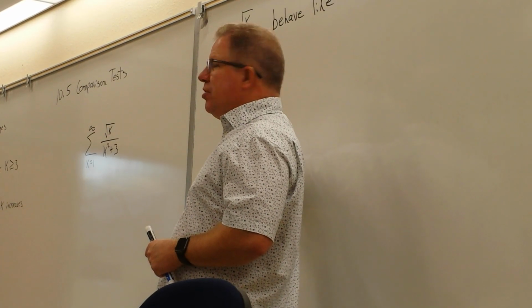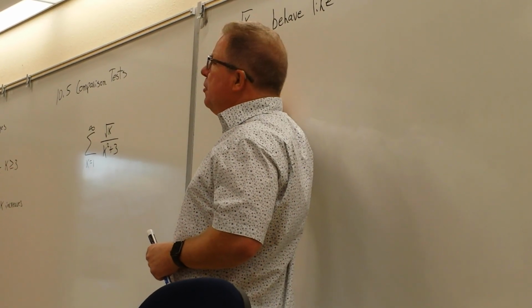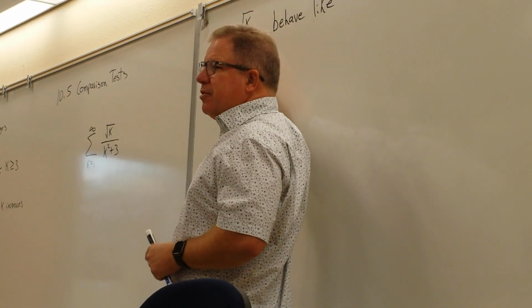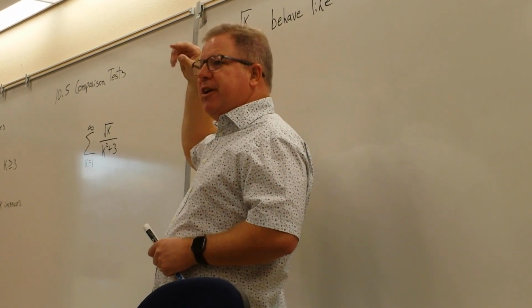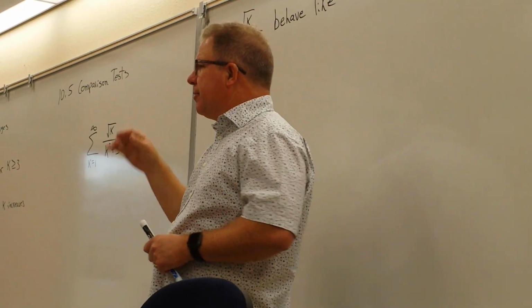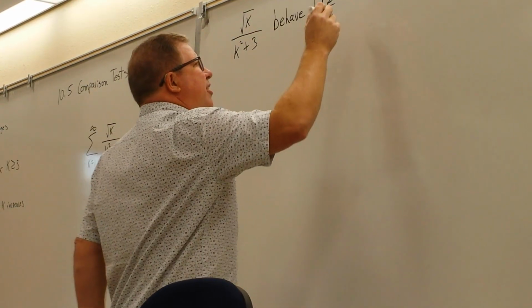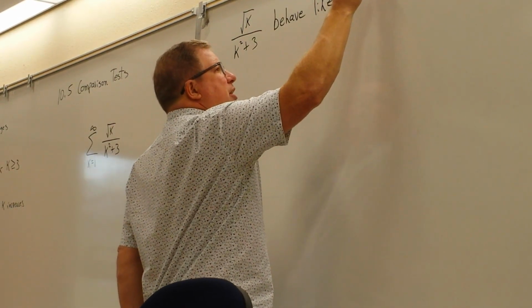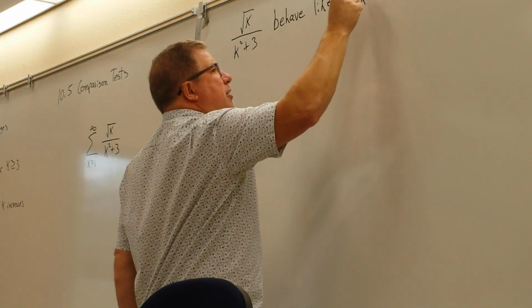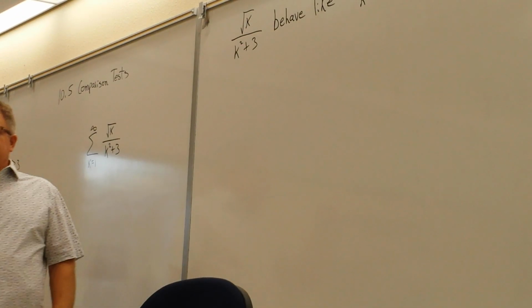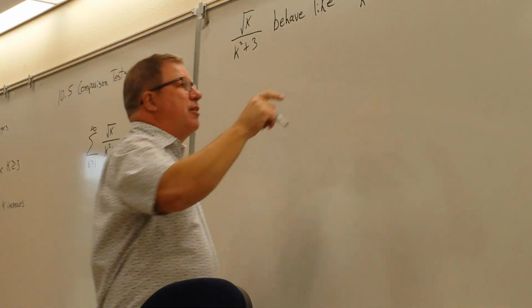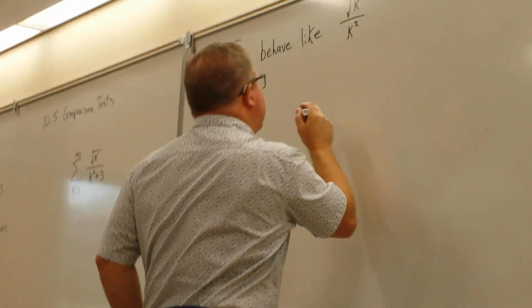When you think about putting in numbers like in the billions for k or the trillions, the plus 3 down here has a very small effect on that ratio, correct? So this behaves like the square root of k over k squared. Does that make sense? You guys were saying the right things, but I think you had your arithmetic a little wrong.